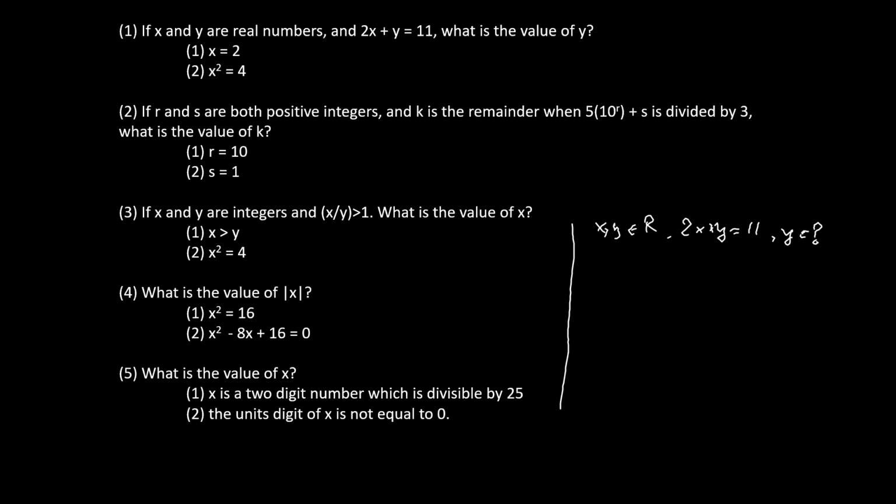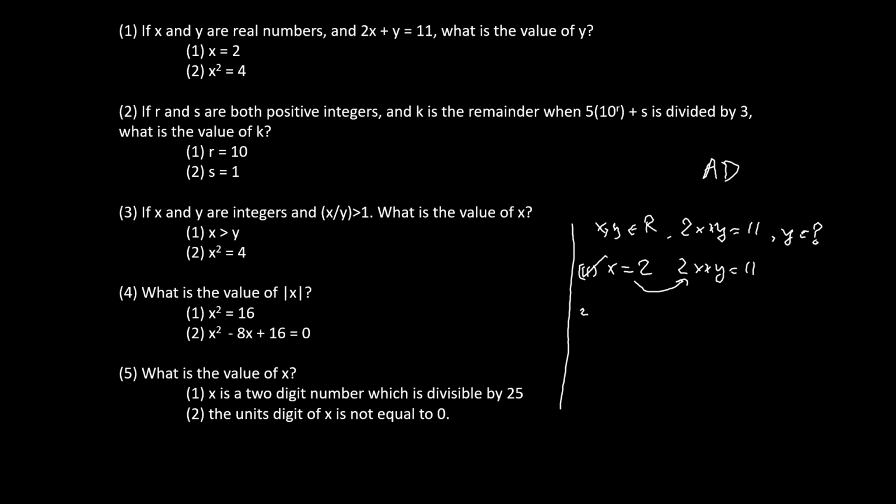Okay, first statement says x is equal to 2. Well, if x is equal to 2 and 2x plus y is equal to 11, I can easily get the value of y by substituting x in here. That means this is sufficient. The moment I get statement 1 sufficient, it's either answer option A or answer option D. BCE is not the answer.